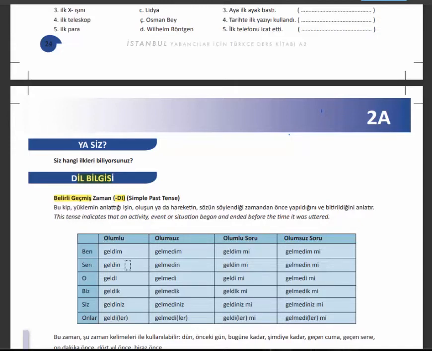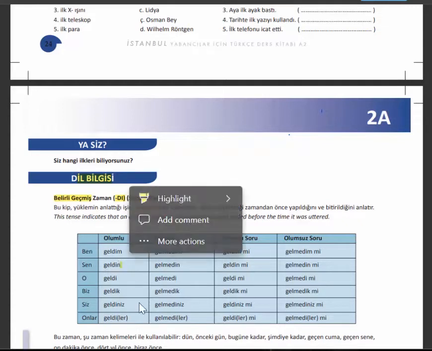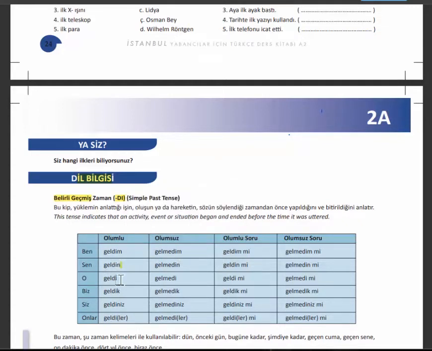Geldin, for sen it is n. Geldi, he, she, it came. Geldik, we came. Geldiniz, you plural came. Geldiler, they came.